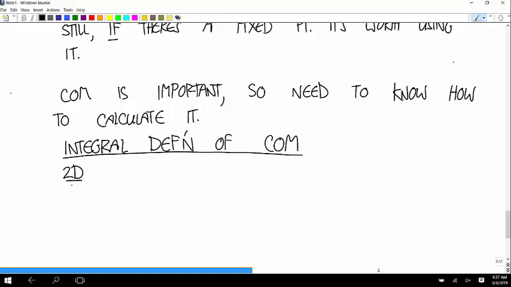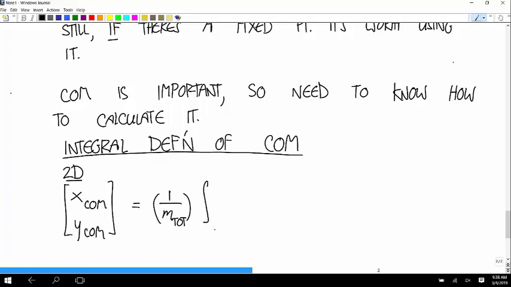In 2D, to find the coordinates of the center of mass, it's equal to 1 over the total mass times the integral over the total mass of x, y, dm.